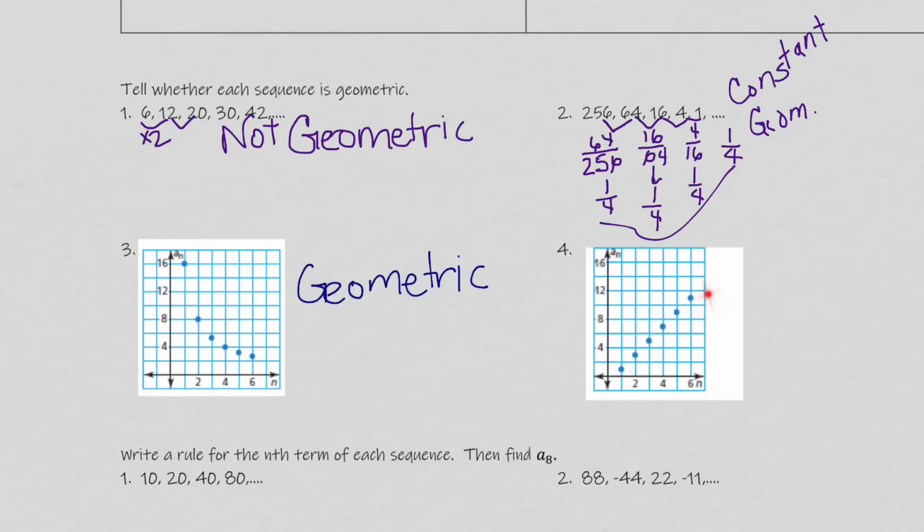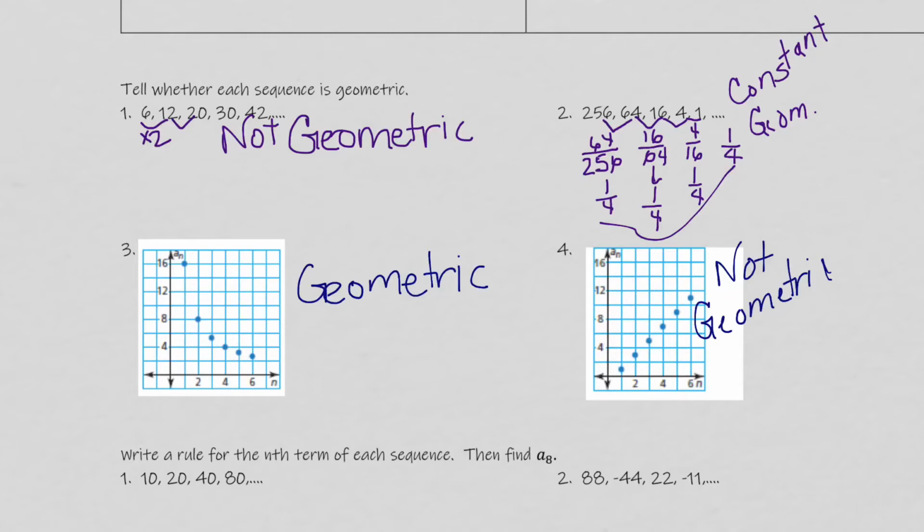Actually, it's a straight line, so I would know number 4 is arithmetic because it's linear, but today we're just saying that, hey, it's not geometric. Just to keep those other vocabulary words in there for you. All right, so you're going to look at some sequences and tell me if they're arithmetic or geometric or not.